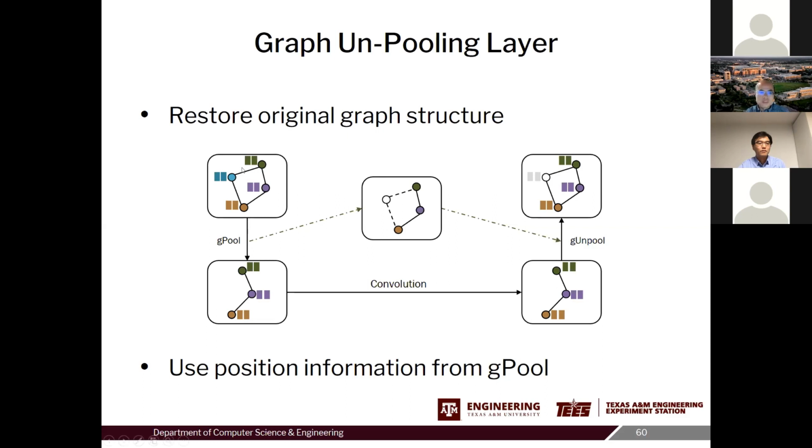We do something similar. We memorize the topology of the graph and pass the information from the encoder to the decoder. In the decoding phase, we restore the graph structure, but the feature vectors are not restored. So we simply use a dummy feature vector, but after one step, these features will be filled. If you connect a convolution here, the feature vector will be computed based on the neighbors.